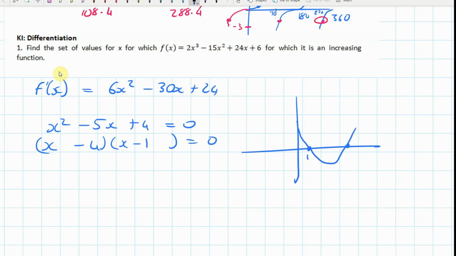And where is it greater than 0? Well, you can see that it's above 0 here and here. So that's where the gradient is positive, which means where it's an increasing function. So it's an increasing function when x is less than 1, or when x is greater than 4.